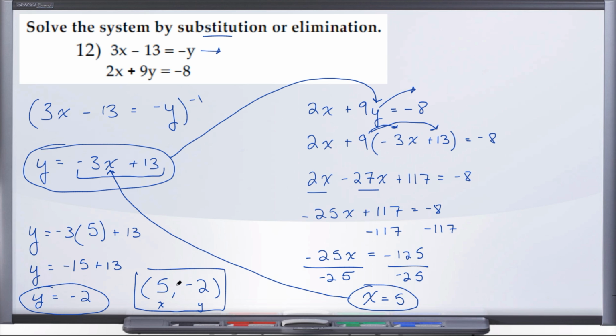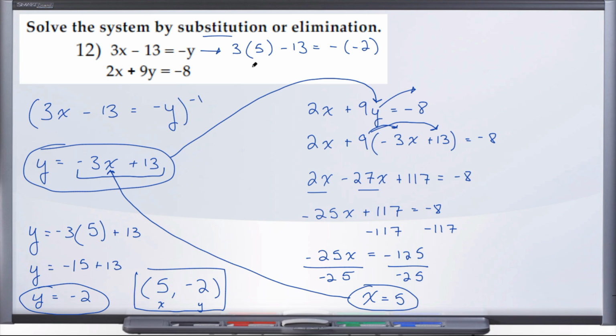So let's take 5 and negative 2, plug it back into the first equation, and see if we get a true statement. So here we have 3 times, and now the value of x, so 5, minus 13 equals negative, and now plug in the value of y, so negative 2. Well, here we have 15 minus 13, right?